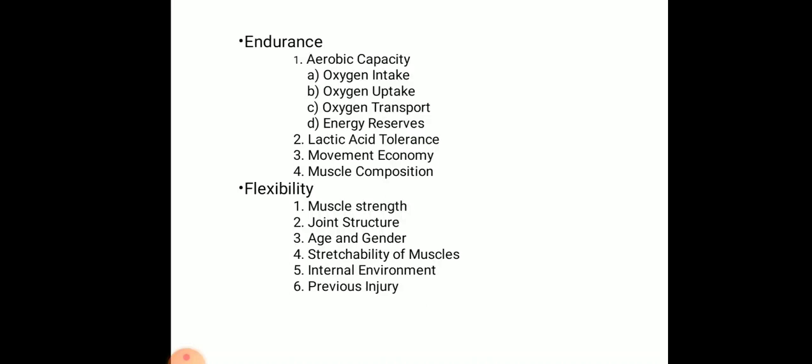Next one is the energy reserve. The aerobic capacity also depends upon the availability of fuel to the muscles from which energy for the activity is derived. Therefore, aerobic capacity depends upon the muscle glycogen and sugar level in the blood. If the muscle glycogen level falls below a certain level, then fatigue occurs.